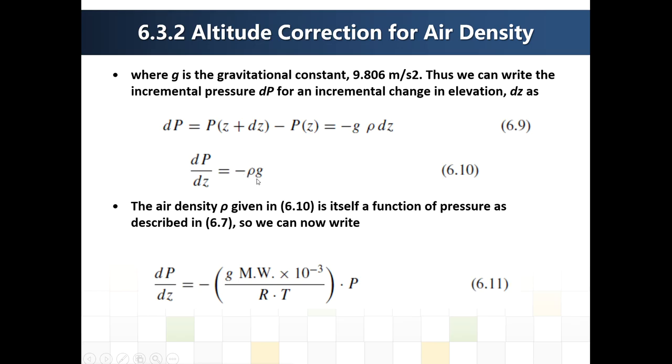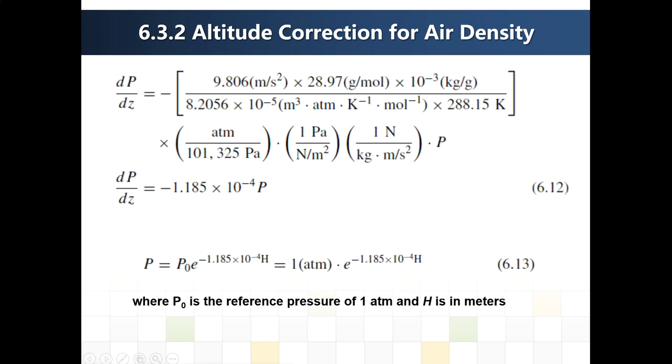If we replace rho with molecular weight divided by RT multiplied by P, therefore dP over dz is equal to minus g multiplied by molecular weight multiplied by 10⁻³ divided by RT, multiplied by P. So we can obtain dP divided by dz is equal to minus 1.15 multiplied by 10⁻⁴ times the pressure.